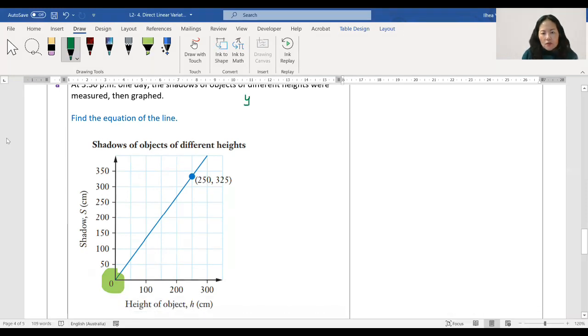It's roughly y equals kx. Now my x is h, my y is S, so I need to change this one. Big S equals k times h, where S is the shadow and h is the height. Now I need to find the equation using one point.